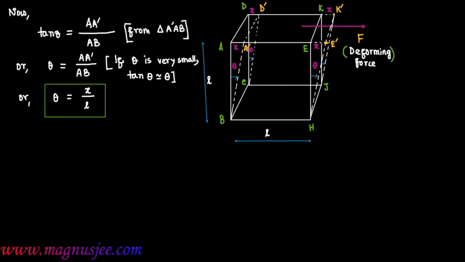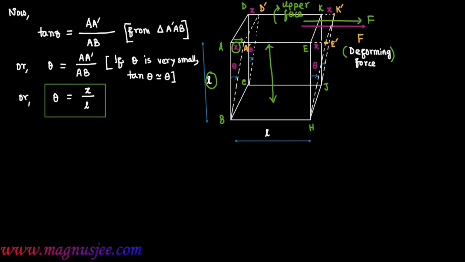So in this case, x is the linear displacement of the upper face or upper plane of the cube, and F is the deforming force which is applied on this upper face tangentially.